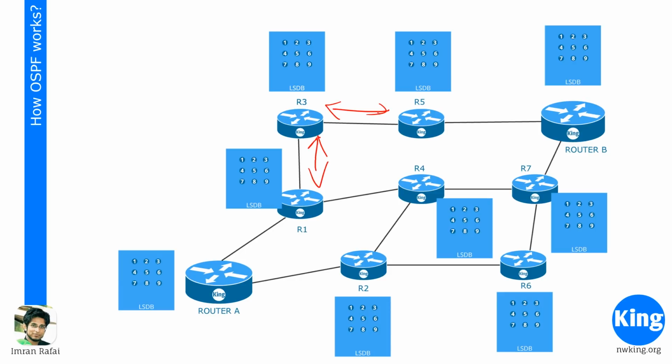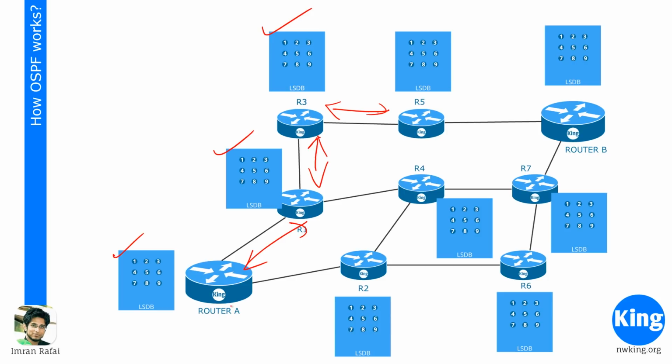But just for now, understand that if it's a point-to-point network, each of these devices would share updates with each other, and they would have the same LSDB. So if all the LSDB states are updated, if everybody has the same LSDB, they can start each of them.